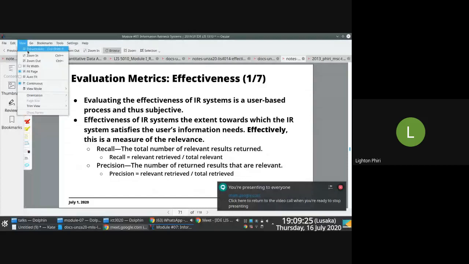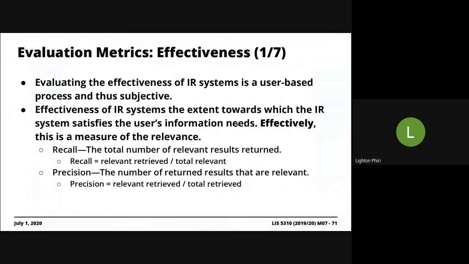Right. So in terms of effectiveness, like I was saying, typically user-centered. Some common traditional metrics used to measure effectiveness when you get back results as you're searching are things like recall and precision, for instance, right?